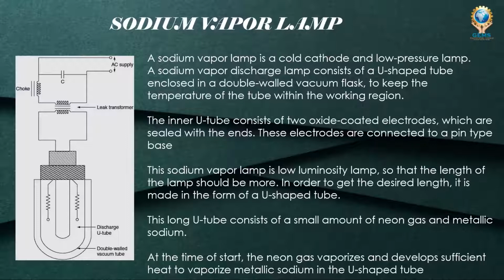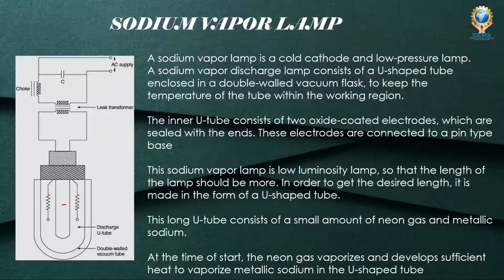Sodium vapor is here. The sodium vapor lamp is a low luminosity lamp, which means the lumens will be less, so the length of the lamp should be more. In order to get the desired length, it is made in the form of a U-shaped tube. The long U tube contains a small amount of neon gas and metallic sodium.